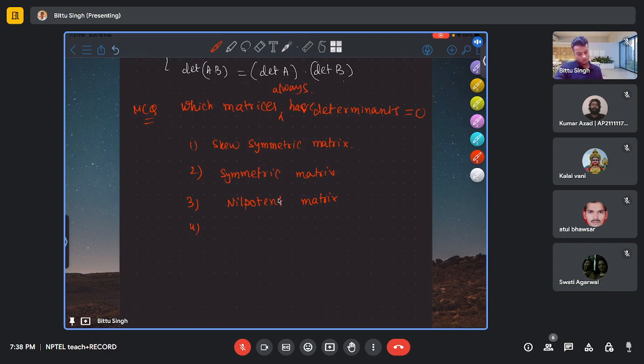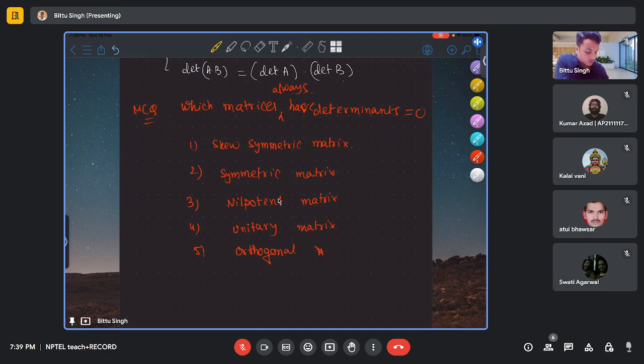For example, unitary matrix and another is orthogonal. Which of the following have determinant 1, determinant 0? So what will be the answer?